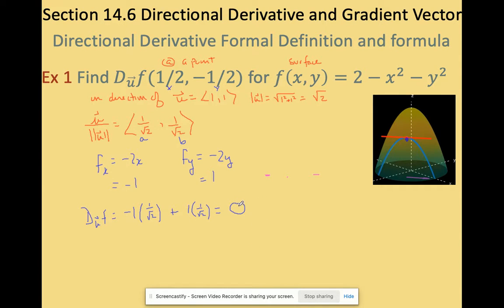So what does this say? What this is saying is that if you're at this point on the surface and you move a unit away, your rate of change is constant. You are not going to go anywhere. Not going to change elevation, I should say.